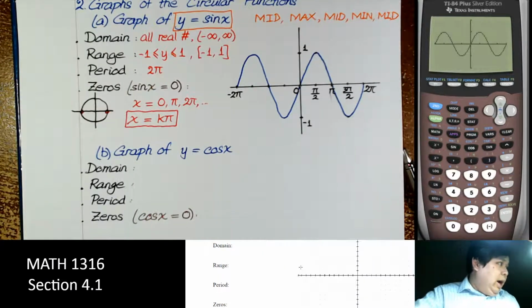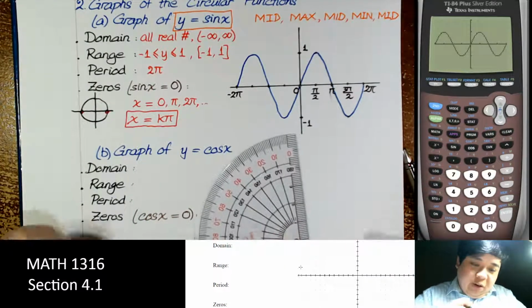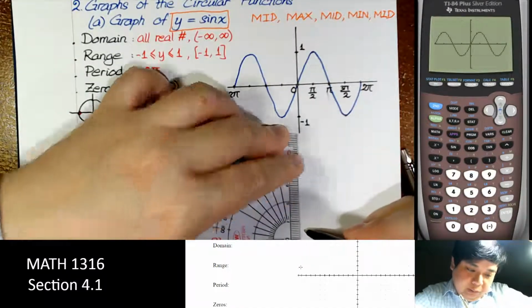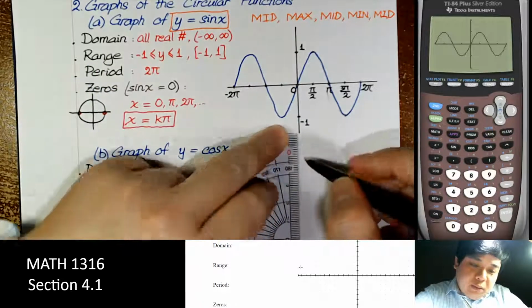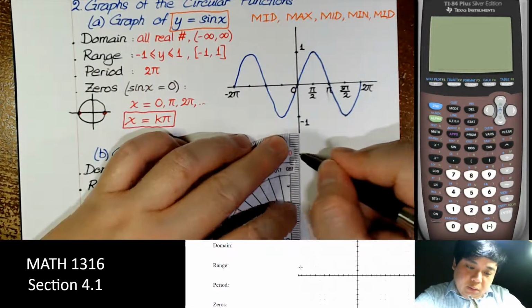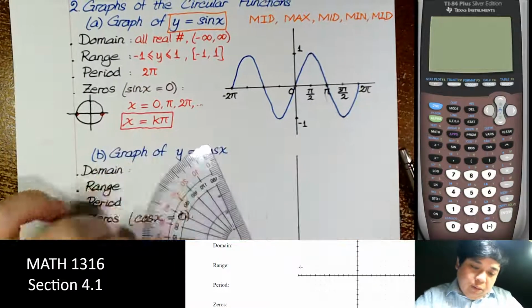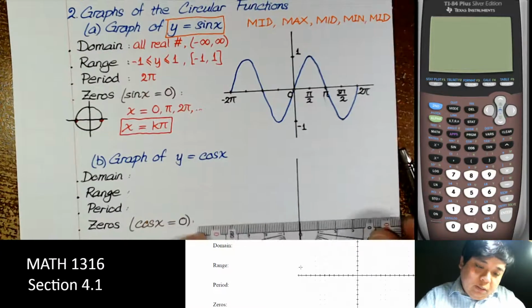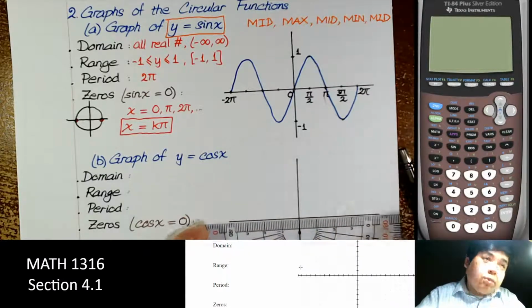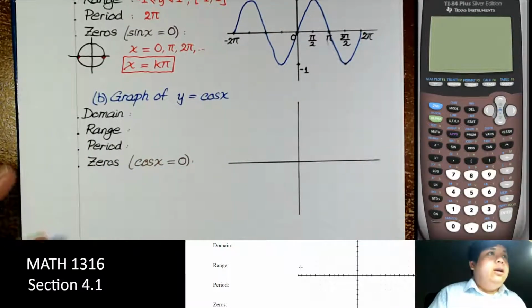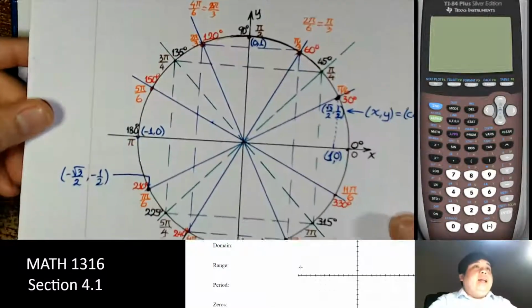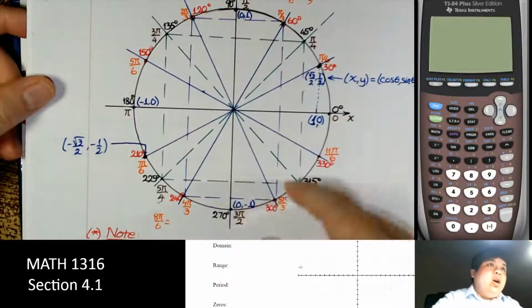Right, and on the graph of a trig function, right, now this will be quicker. Now we have a unit circle once again.